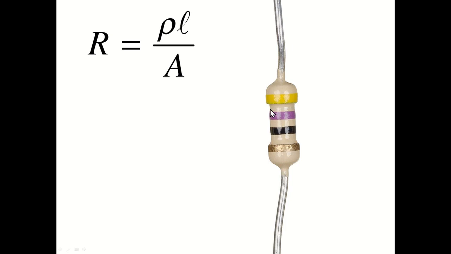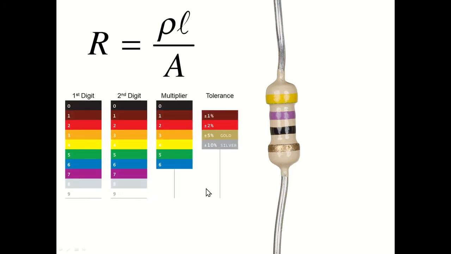And if you open up a circuit board, these resistors can be very small. So small that if you tried to type a value for the amount of resistance they provide, the number would be so small it would be hard to read. So we have this universal color code here.